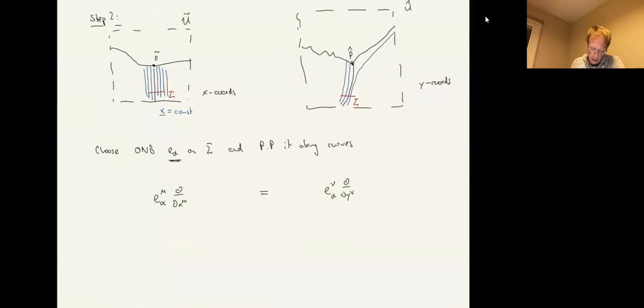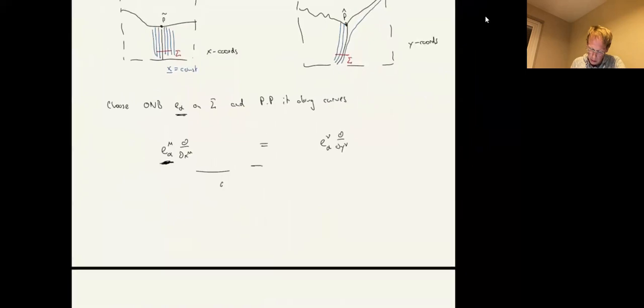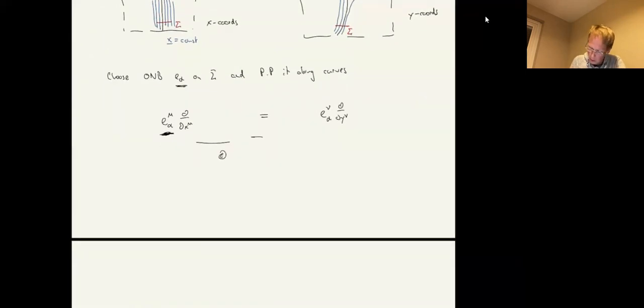And so now here, this is of course an invertible matrix. And so by bringing this over to the other side, I can write the differential, and this is in a sense the key idea of the proof. I can write the differential that relates the two coordinate charts in this form. Yeah, so I can write this in terms of the parallel transport with respect to the x and the y coordinates.